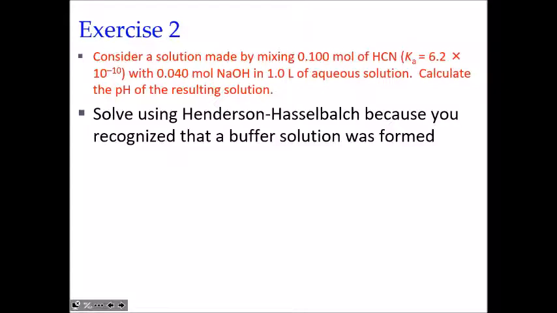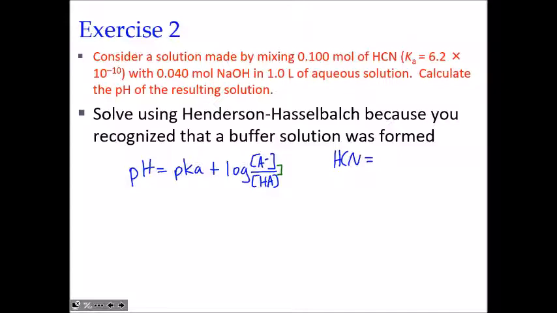Now we're going to use pH equals the pKa plus the log of the base over the acid. This is such an easy formula once you recognize that you have a buffer in solution because you have both components. So just recalling HCN, and it doesn't matter if you use the mole or the concentration, because remember, this part is just a ratio, so you don't have to change it to concentration here.